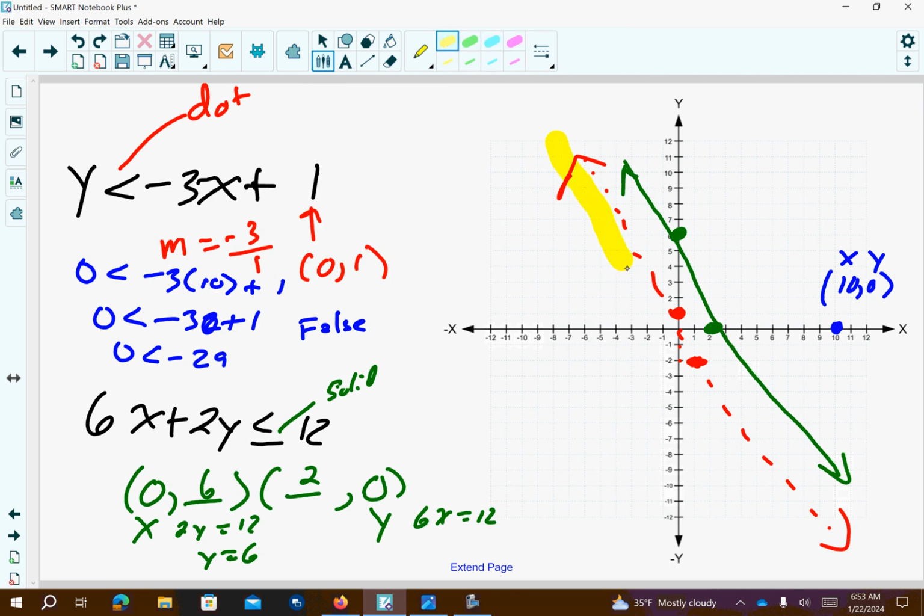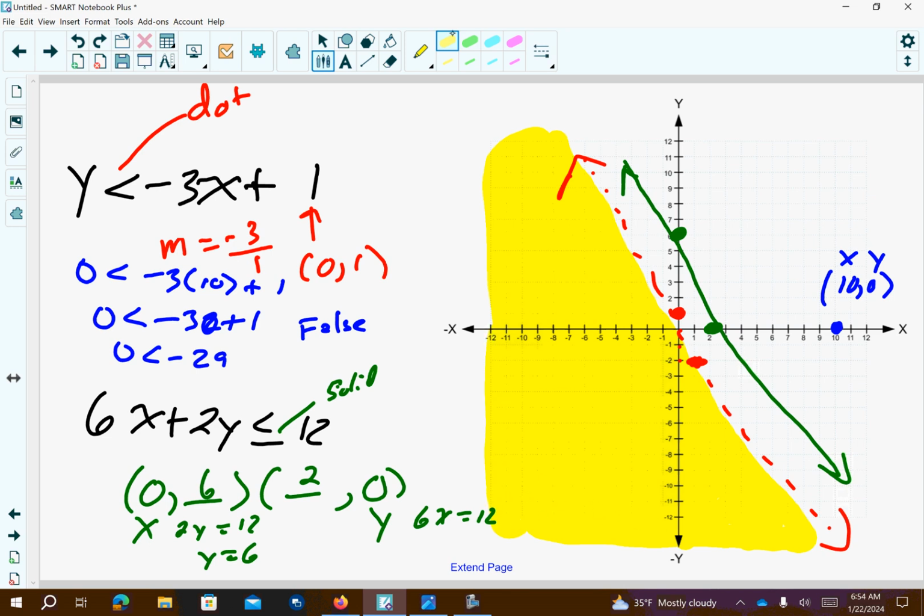So I'm going to shade over here. Okay. So if I picked a point over there in this yellow region, it would give me a true statement for my red dotted line.